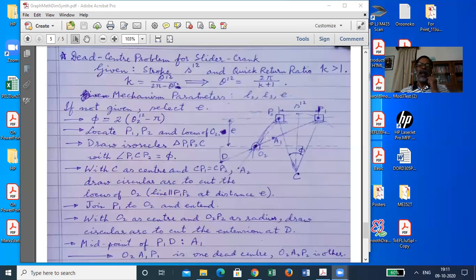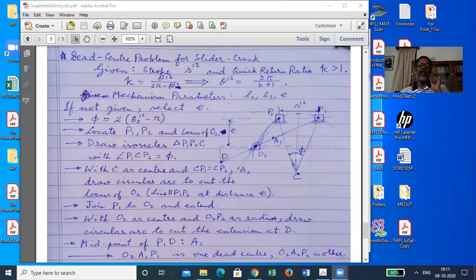And the angle at the circumference made by this arc is half of this. That is why we have rubbed in that this is the so-called phi. So this little angle P1 O2 P2 is basically half of phi. That means theta 2 1 2 minus pi.